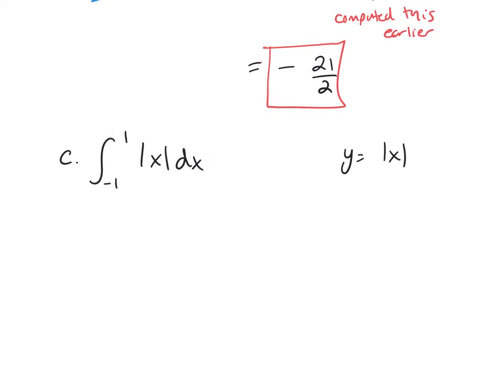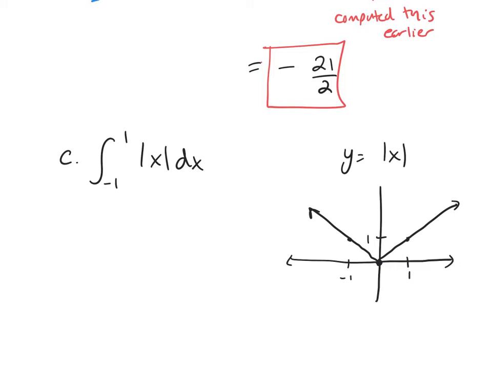So if I graph this region, if x is 0, it's 0. If x is positive, the absolute value of a positive number stays the same. But if x is negative, like -1, the absolute value would be 1. And so I'm getting really these two different pieces.